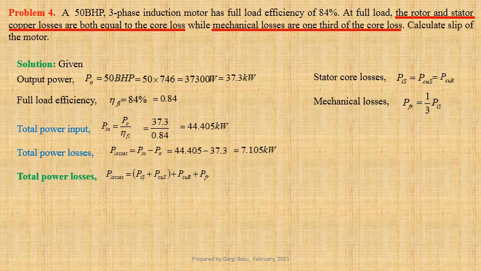Again, expression for total power losses, P losses equals PIS plus P copper S plus P copper R plus PFR. Using relationships, we get P losses equals 10/3 PIS.